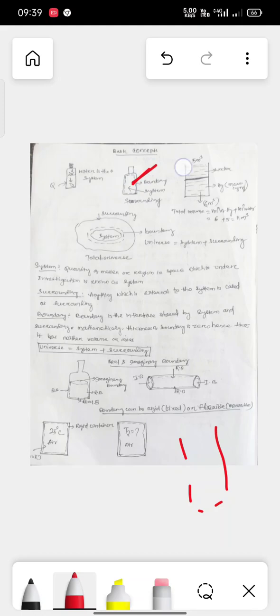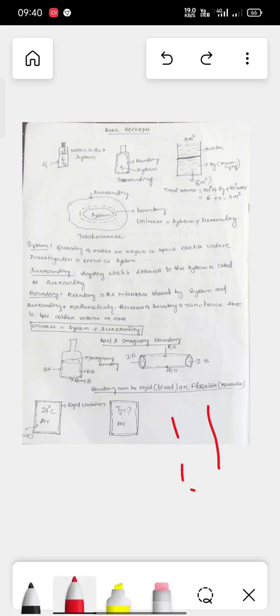Similarly, I have taken another container, and in this container I have two different things: water and mercury. Some part has water, and some part has mercury. Let the volume of water be 5 meter cube, and the volume of mercury be 6 meter cube.